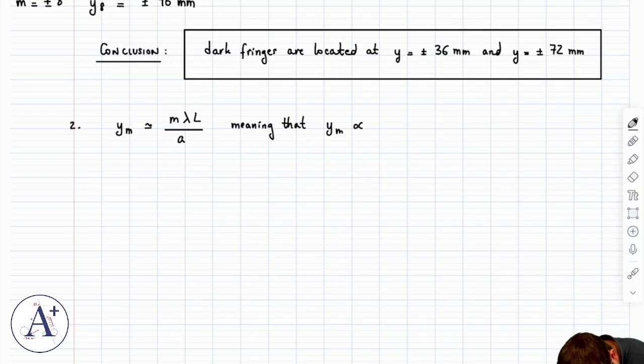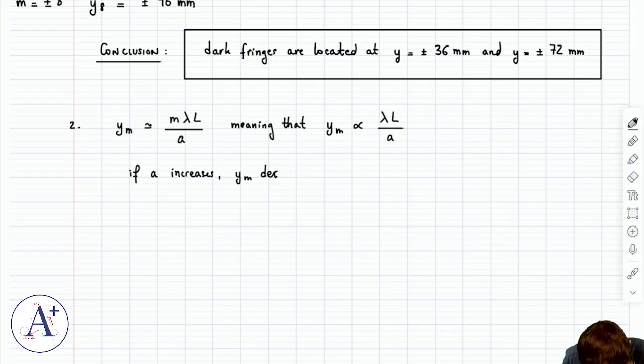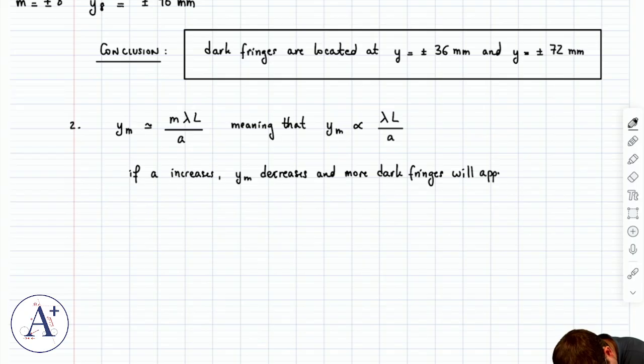meaning that y sub m is basically proportional to lambda L over A. So if A increases, y sub m decreases, and more dark fringes will appear on the screen.